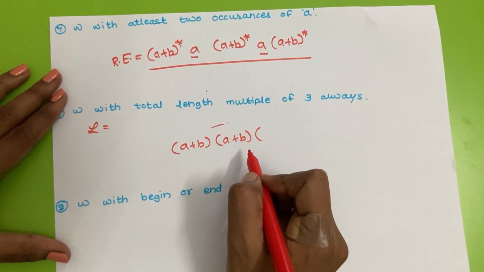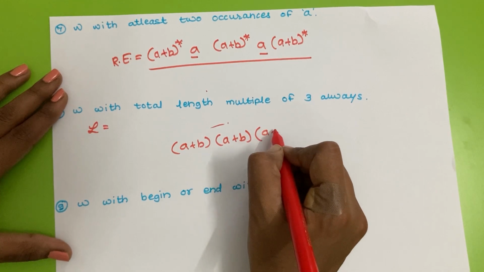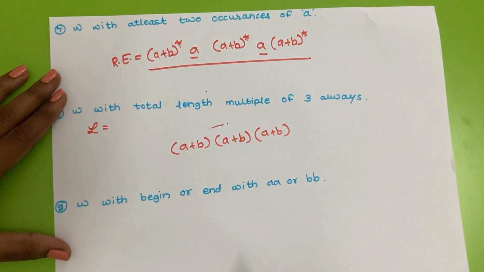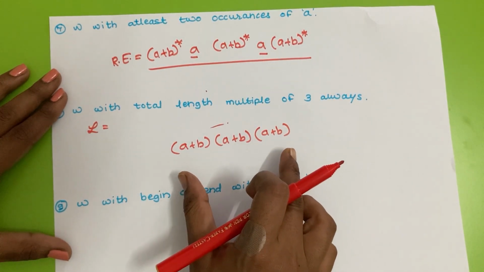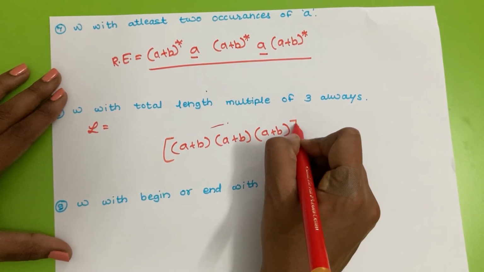If I want multiple of 3, then I want this bracket 3 times. So I should write here 3 times (A plus B) bracket. Then, since I want multiple of 3, I'll repeat the same for 0 or more times.